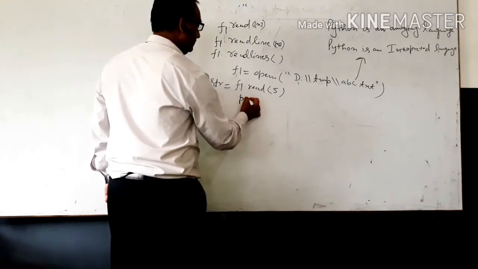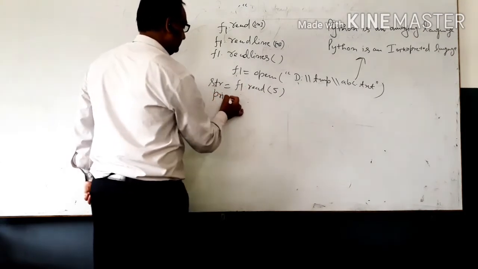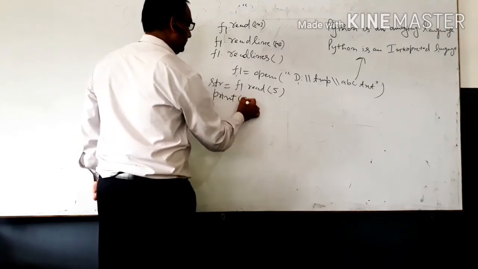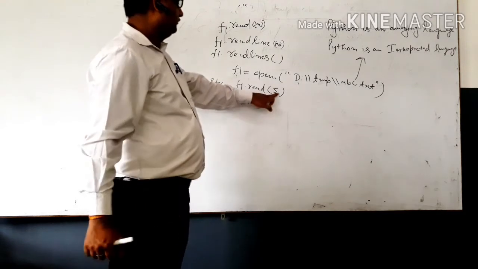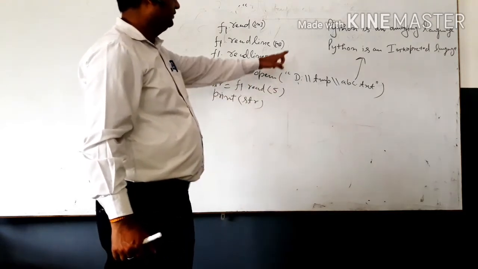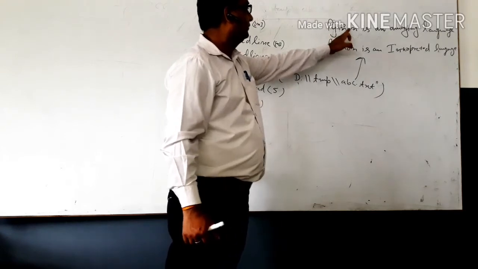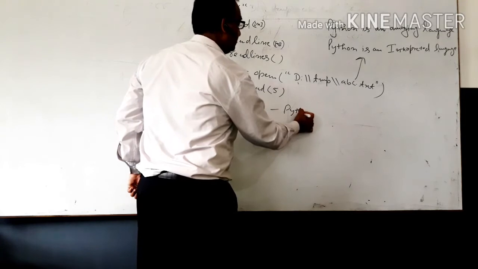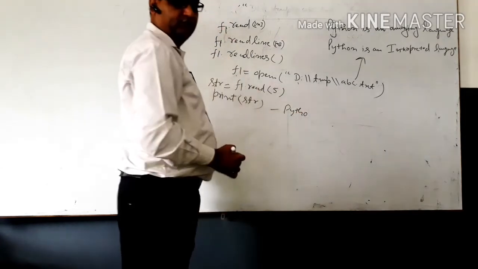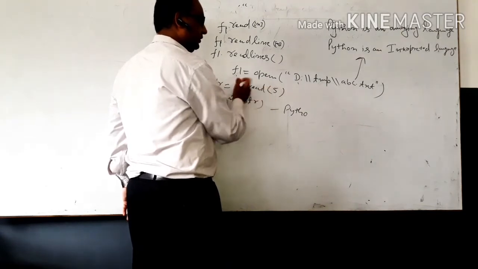So you can print str. Now what's going on? The 5 means that it reads 5 characters: 1, 2, 3, 4, 5. So it shows the output PYTHO, Pytho. Whatever numeric number you mention here, it shows that many characters.